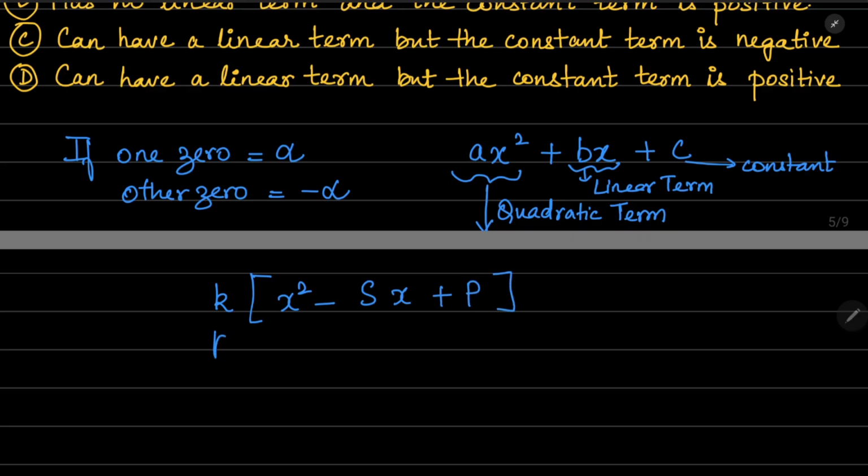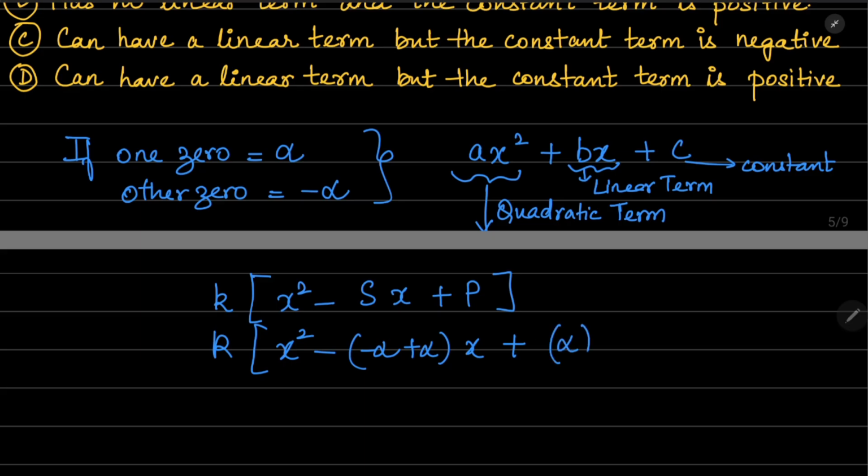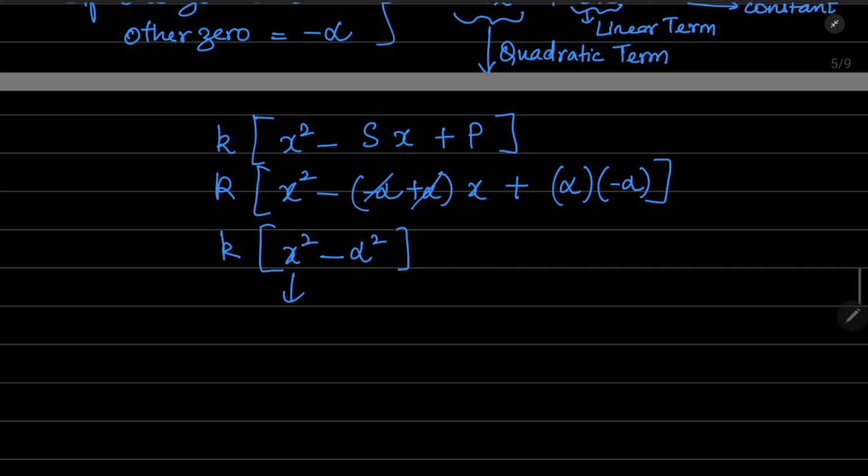So k multiplied by x square minus, just add these two zeros, minus alpha plus alpha, into x plus the product of the zeros, alpha into minus alpha. Minus alpha plus alpha will get cancelled, so you'll have x square minus 0, so this entire second term becomes 0. And then you have alpha multiplied by minus alpha, which is minus alpha square. So what is this x square? As I told you, this is your quadratic term.